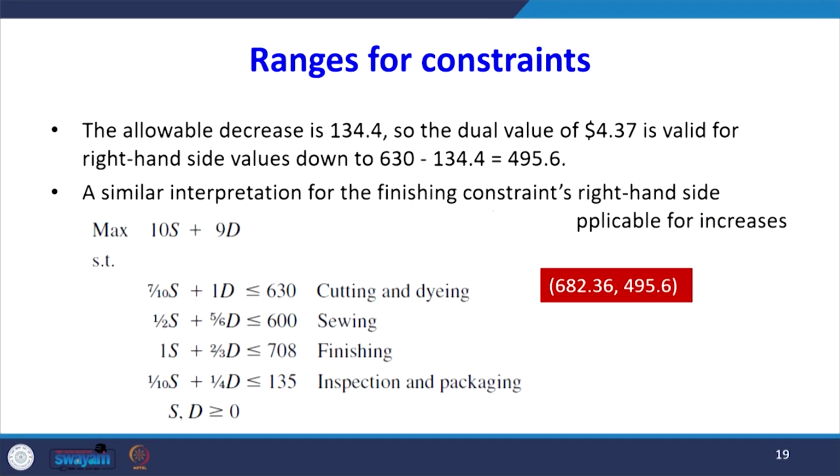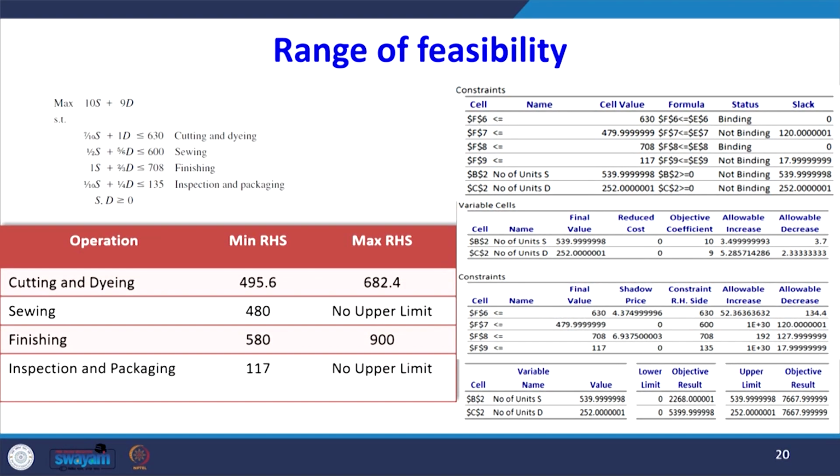Like this, for each constraint we can see the allowable increase. For example, for the first constraint, the upper limit is 682.36 and the lower limit is 495.6. Within this range your dual value will remain the same. When you go beyond 682 or below 495, your dual value will change. That is the meaning of this range of constraint.